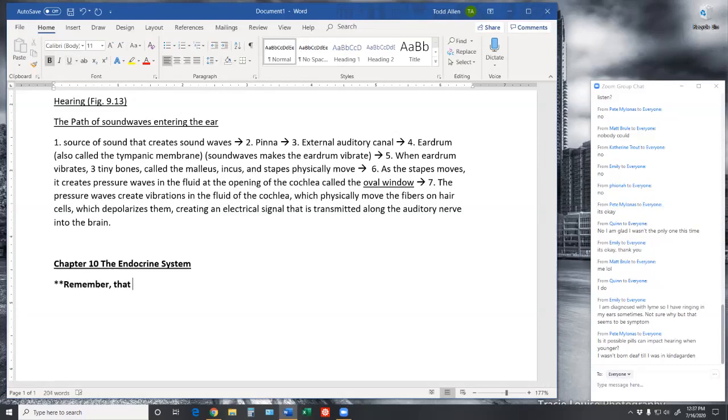Remember that the endocrine system is made of structures that manufacture and release hormones into the bloodstream, okay? And we'll put in parentheses that exocrine tissue manufactures and releases substances, not necessarily hormones, substances that do not enter the bloodstream.